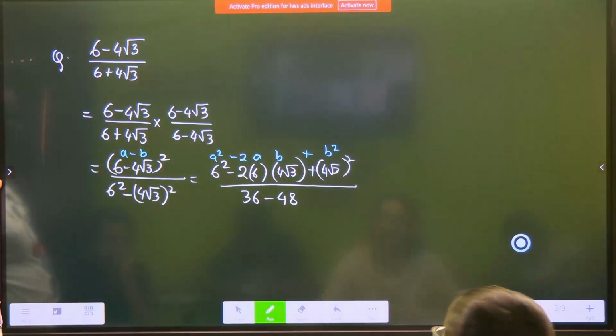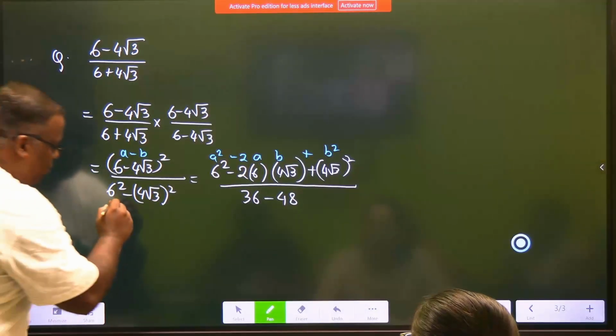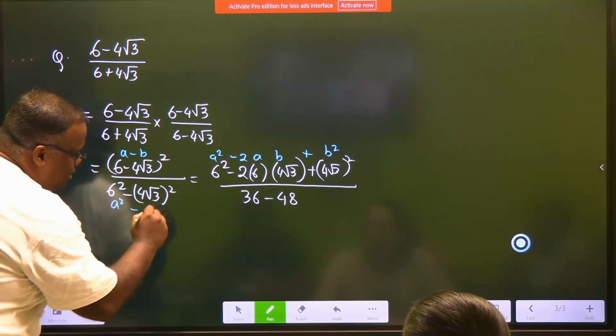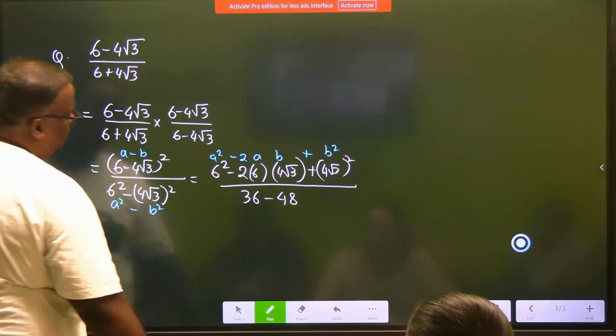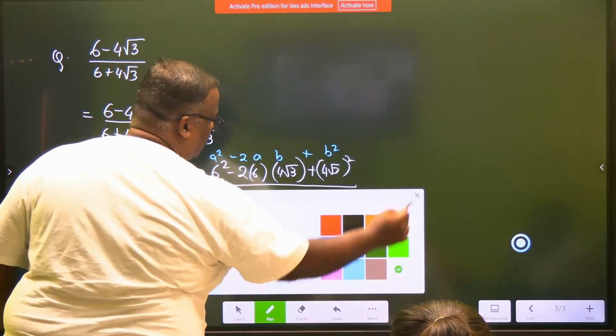Class 8, correct? Fine now. And below we have a square minus b square. We go further.